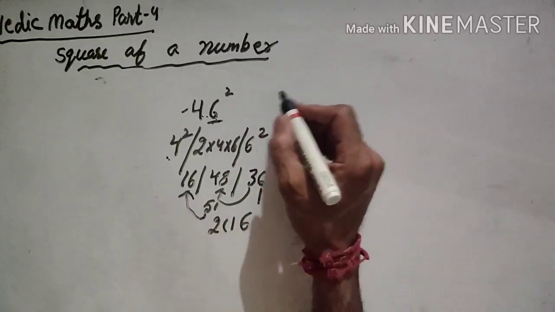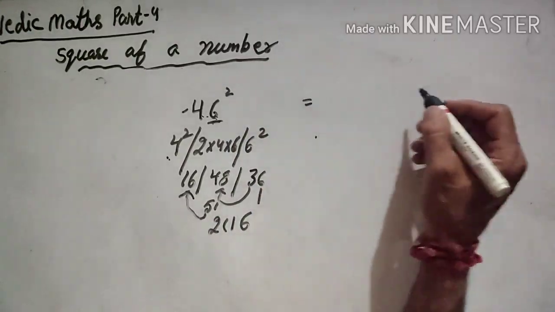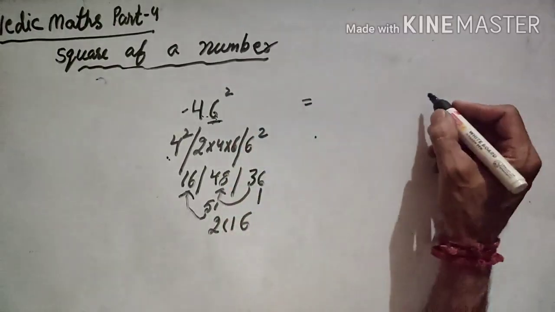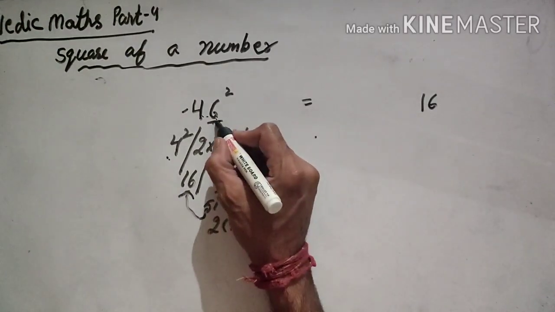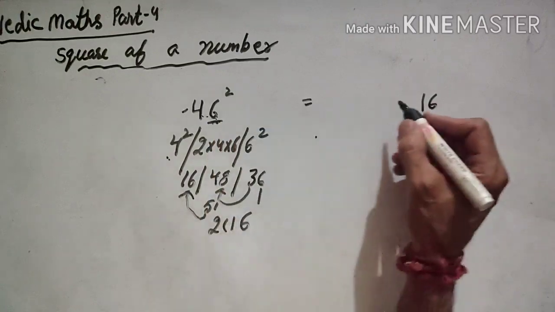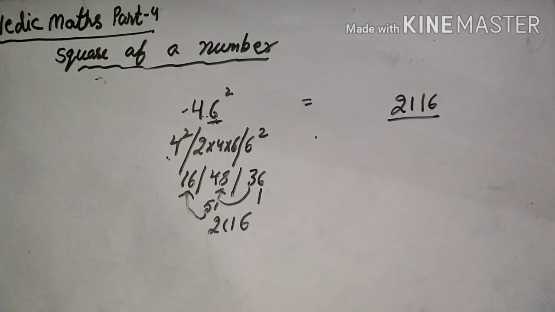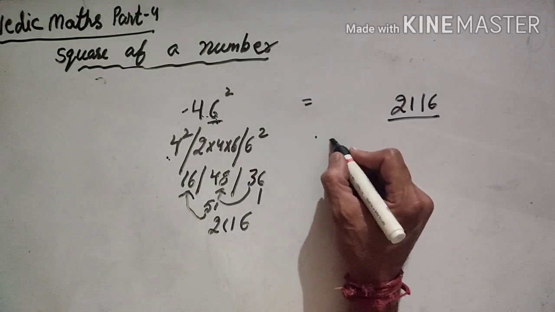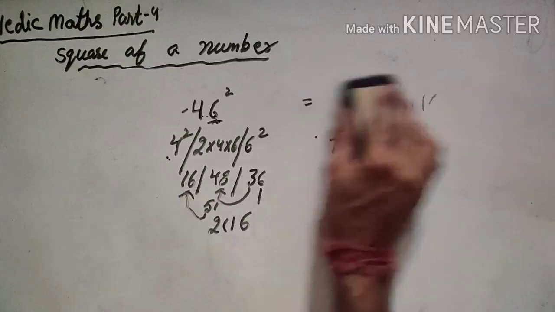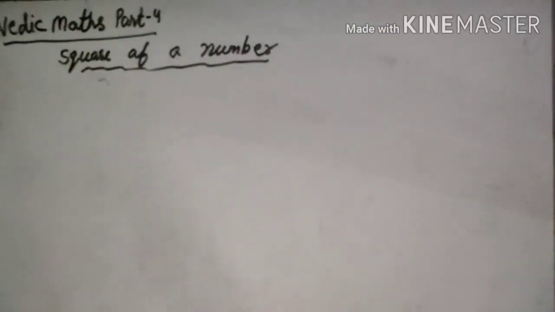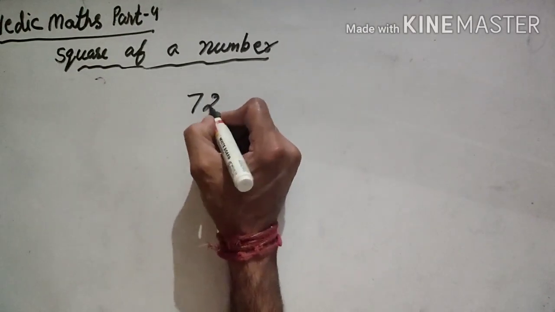Now near to 50, it is 4 less than 50, square of 4 is 16. Now 4 subtracted from 46 is 42. 42 half is 21. 2116. So if you want to square 72, this method is for any 2-digit numbers.